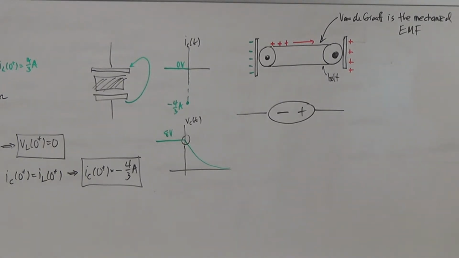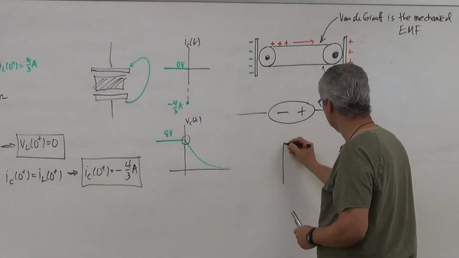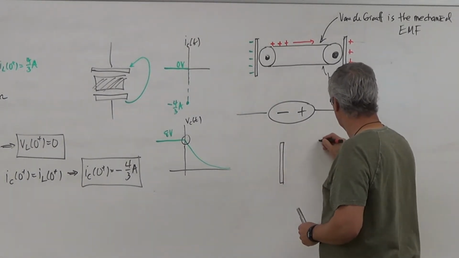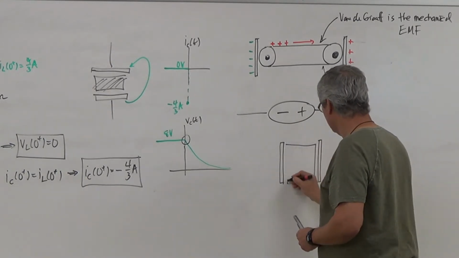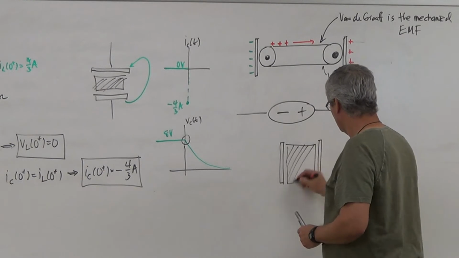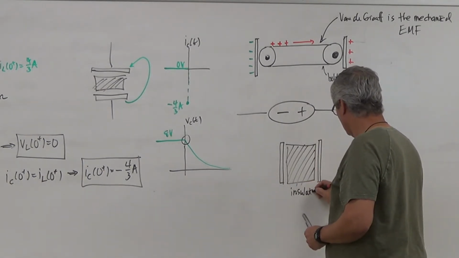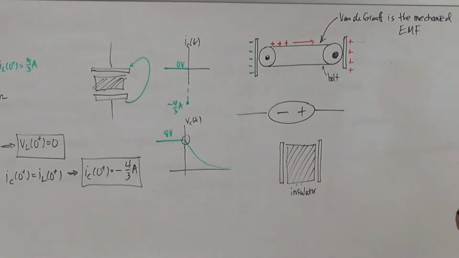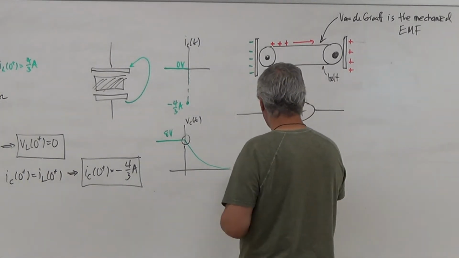Let's look at a capacitor now. I have a capacitor. Here's my insulator. So if I had my insulator, let's have charge now coming in. So I have charge. I have a wire coming in.